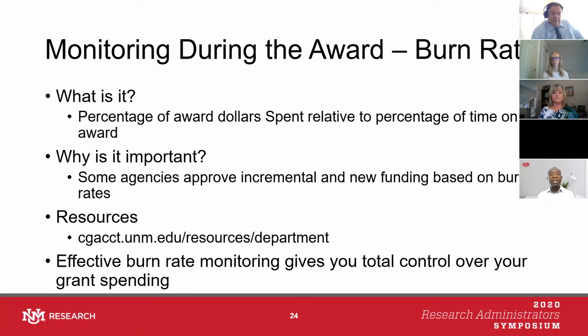as a great tool here is, as a department admin, it gives you total control of your award expenditure. You are able to see how your spending is progressing throughout the life of the award. And we have a lot of resources on our website in terms of burn rate tools and resources that, if you aren't already doing that, you can use to do that.